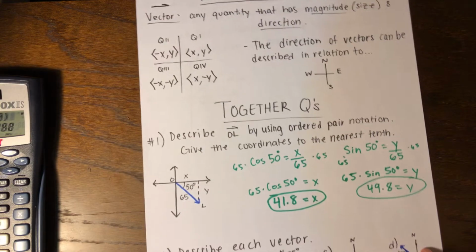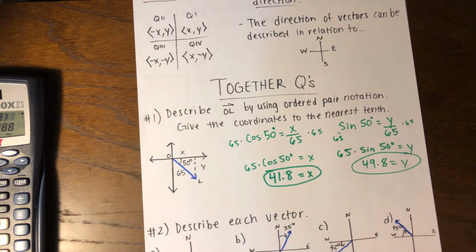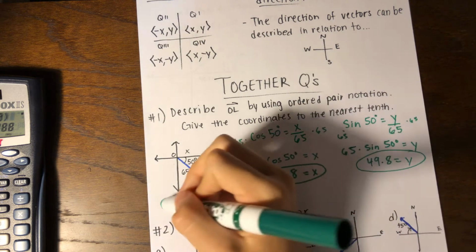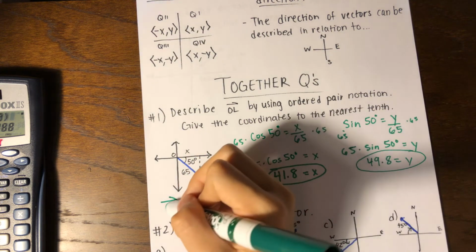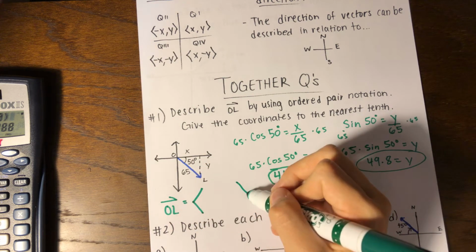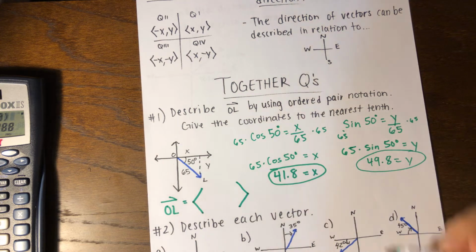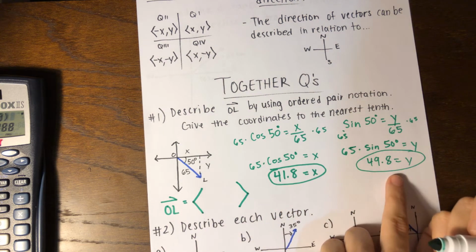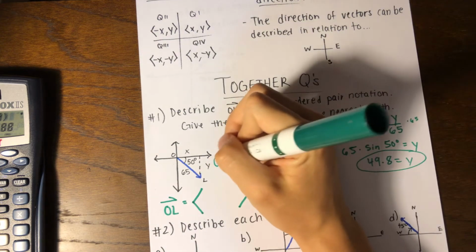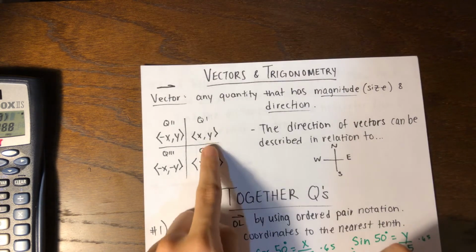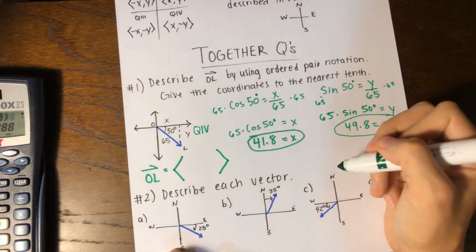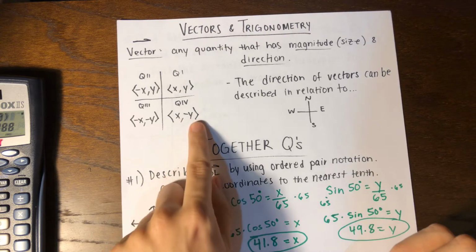Okay, but let's look at something. We're going to write this in vector form. So vector form is vector OL is equal to, and for vectors we use pointed brackets. My x and my y, I solved for, but what quadrant am I in? If I look up here, I'm in the fourth one, the bottom right, so quadrant 4. So remember, in quadrant 4, my x is positive, but my y is negative.